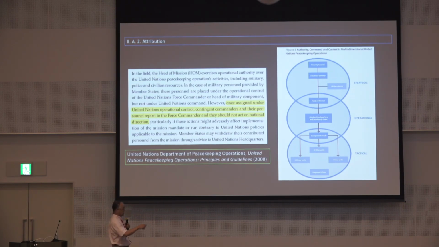Those contingent commanders and personnel report to the force commander, and they should not act on national direction. So if you are a South African soldier dispatched to the UN mission, you are still a South African soldier, but you are working in the framework of this mission. Once you start working in this framework, you cannot receive direction from your government. You are solely responsible to the superior of the United Nations, ultimately the Security Council.